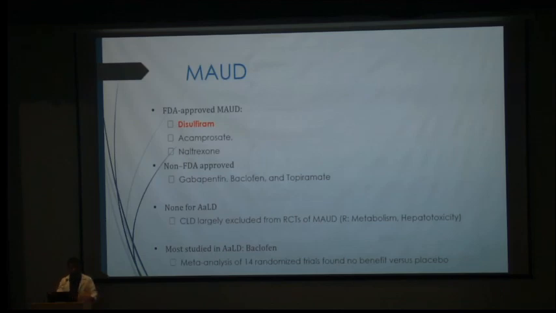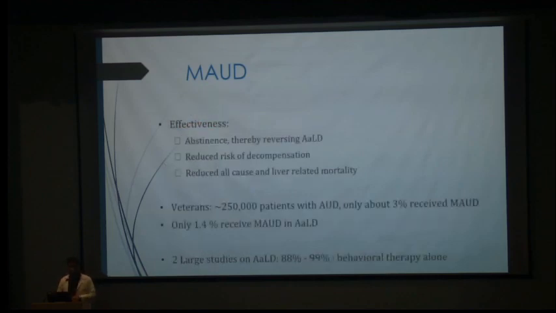But no medication has yet been approved for alcohol-associated liver disease, mostly because in most of these medication trials, CLD gets largely excluded because of metabolism concerns and hepatotoxicity. A study which was specifically done on baclofen, we'll talk about in the coming slides.